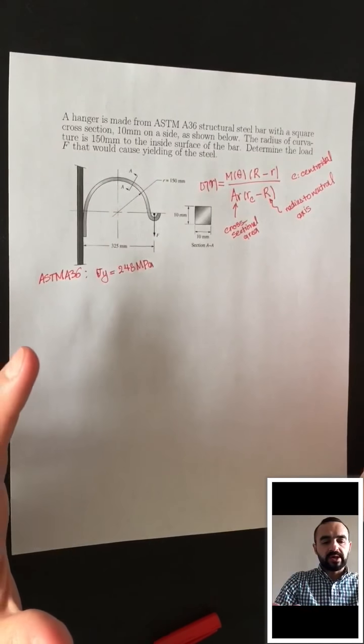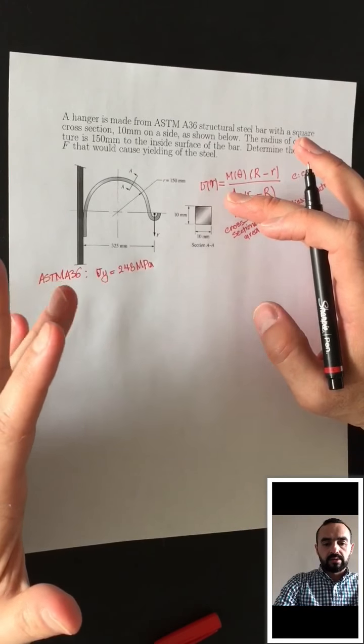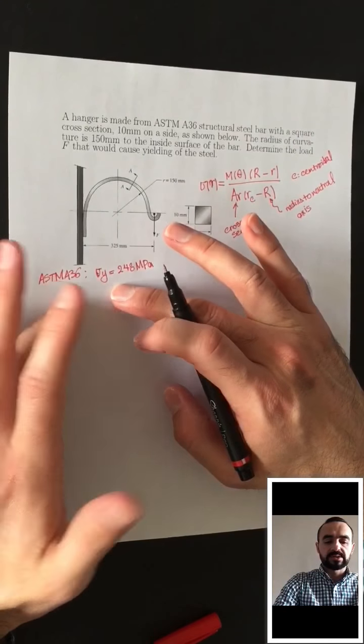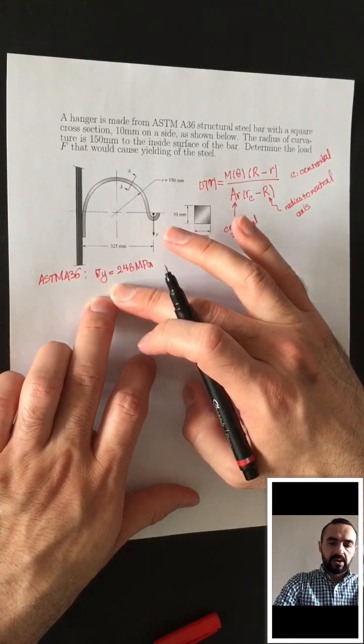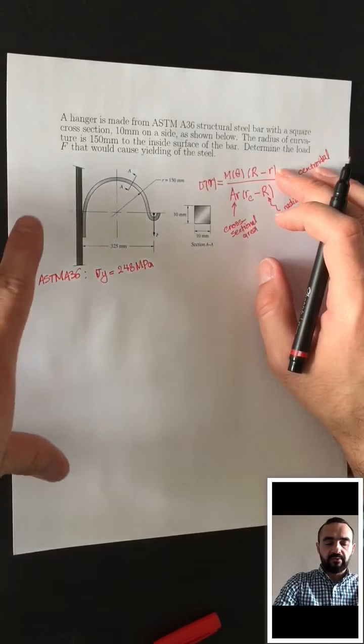So our goal is to find r such that sigma r goes to sigma Y, and then relate that sigma r to this F.